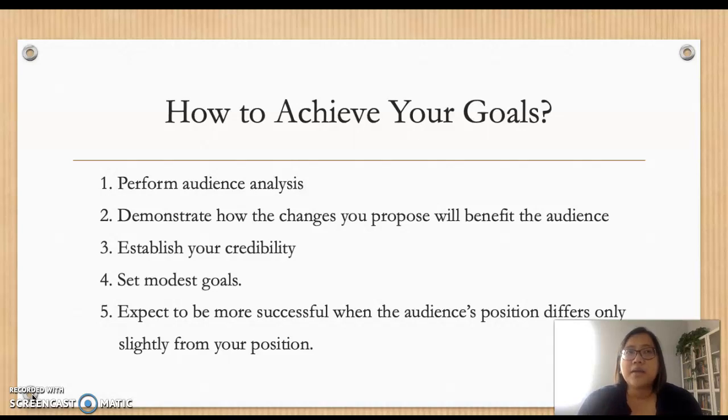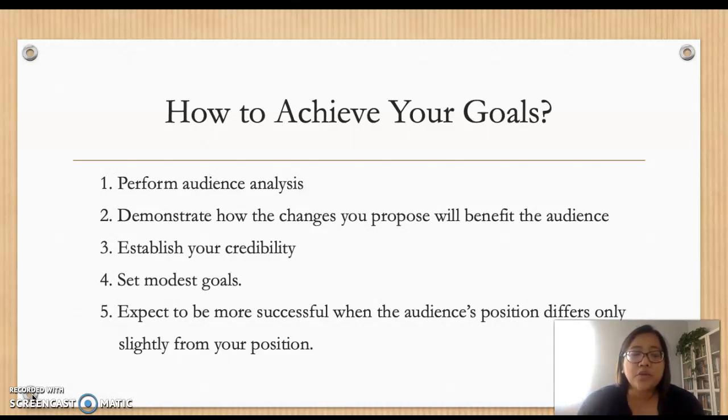In persuasive speech especially, I want you to think hard about your audience's interests and your own interests, and how you can convince your audience to act on something, to rethink their position, or to strengthen their commitment on a certain issue.